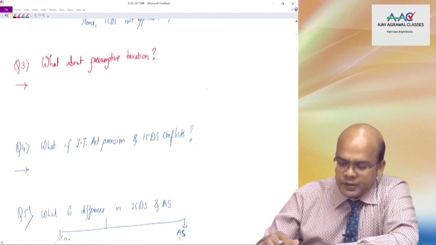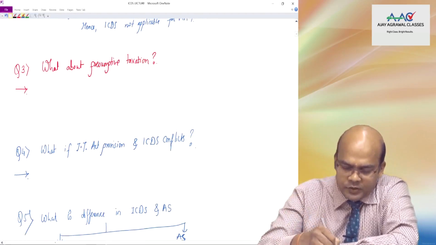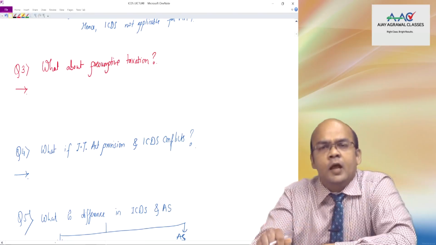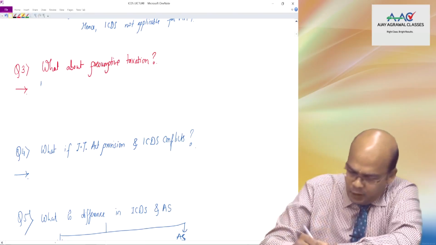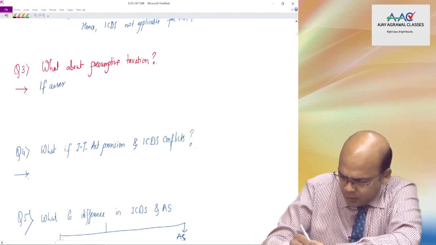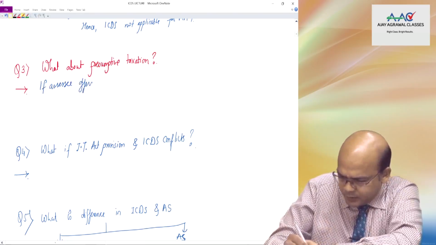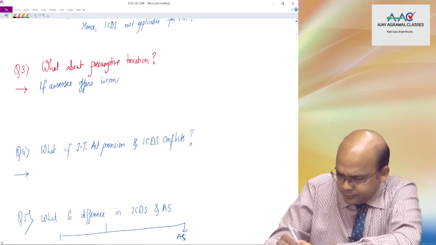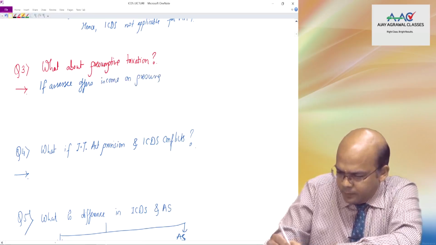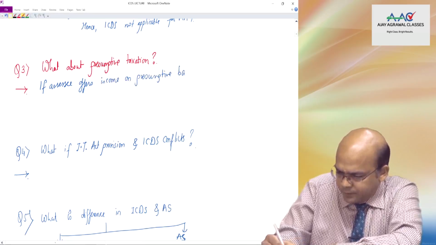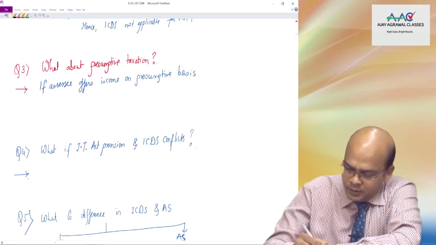What about presumptive taxation? Right now only we have discussed. If it is presumptive taxation, will it be applicable? No. Why? If an assessee offers income on a presumptive basis, then what happens?